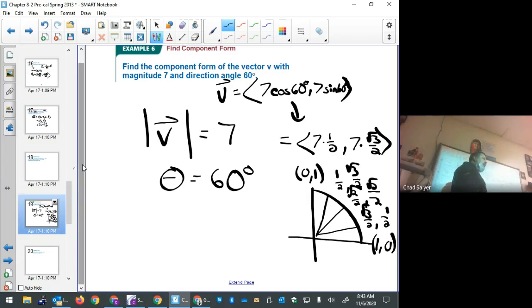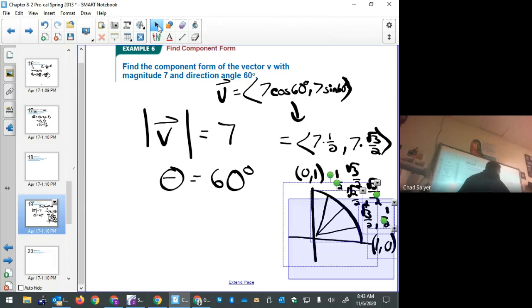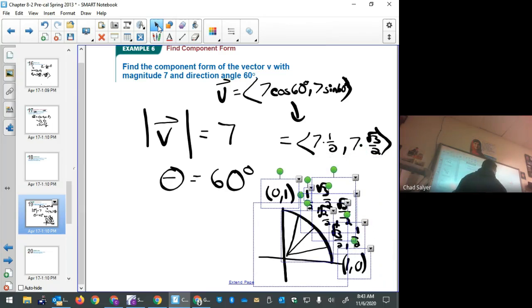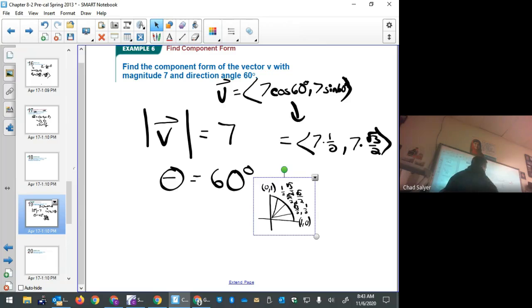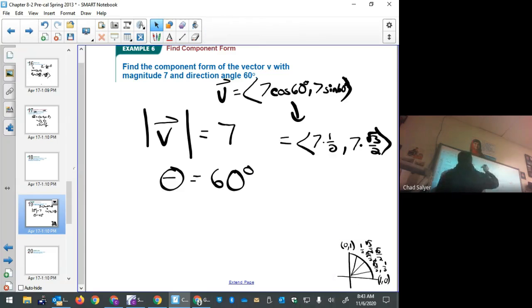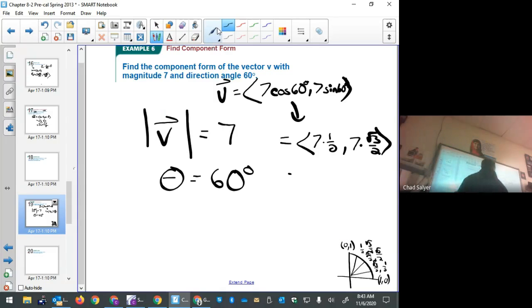Of course, it's trivial now that I've written it, but that should be present in your brain. So we'll write this one more time in fully simplified form, which is 7 over 2, and then 7 times the square root of 3 over 2.